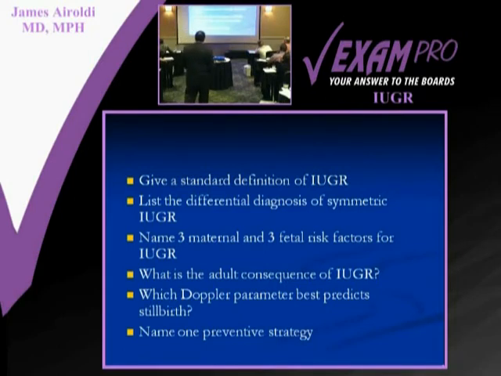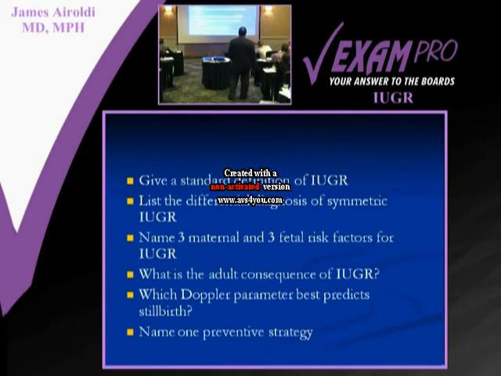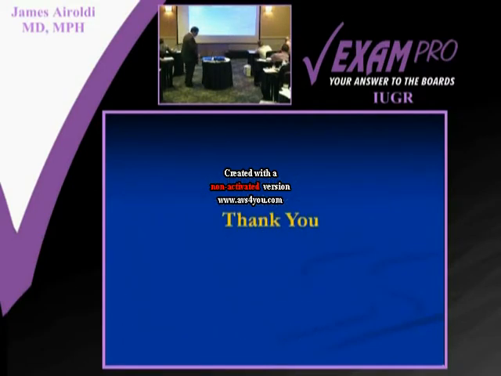And what is one preventative strategy early on that may help you prevent IUGR? Low-dose aspirin, absolutely. A recent article looked at that, showing about a 50% risk reduction if aspirin was started at less than 16 weeks. Okay, one more to go, guys, and I'm done.